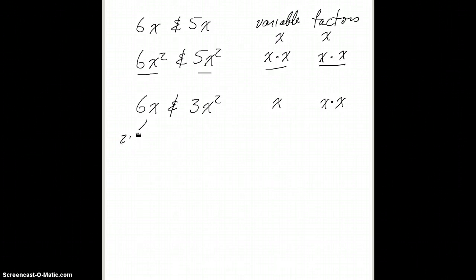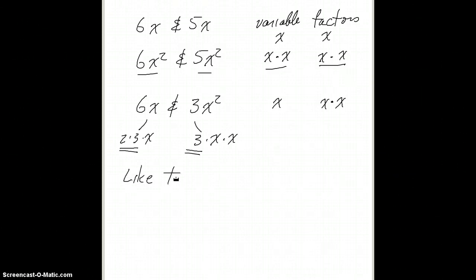This factors into 2 times 3 times x. This factors into 3 times x times x. It has nothing to do with the coefficients, right? Just the variable factors. That's what I'm looking at. If they're the same, I have like terms. If they're different, I don't.